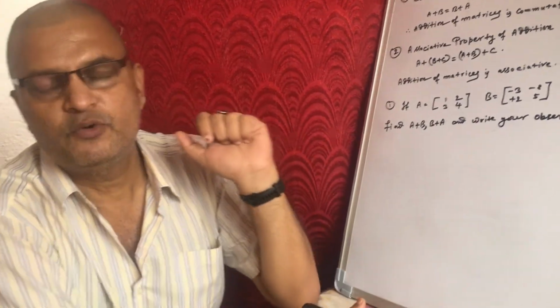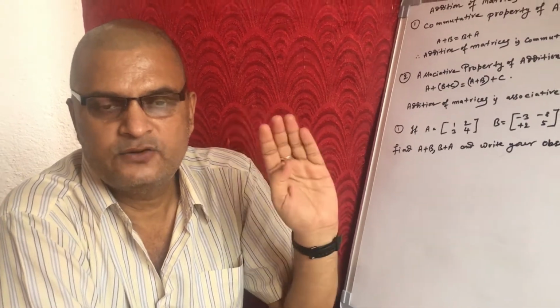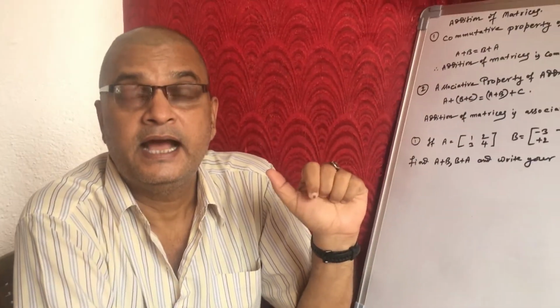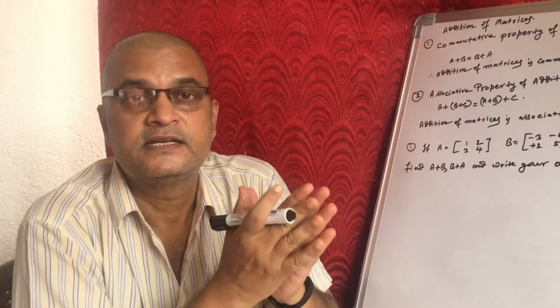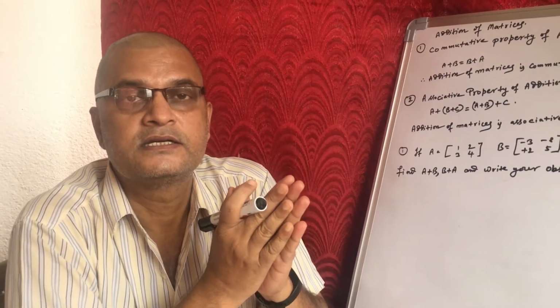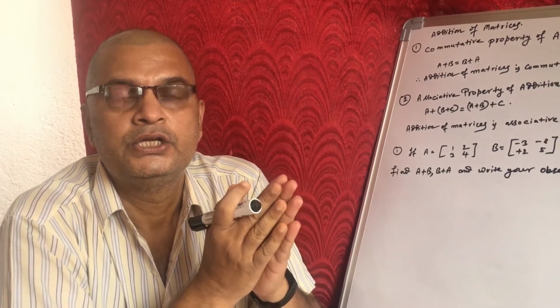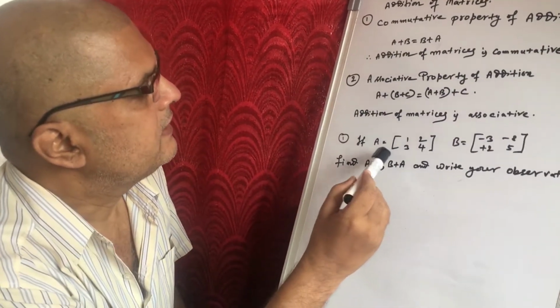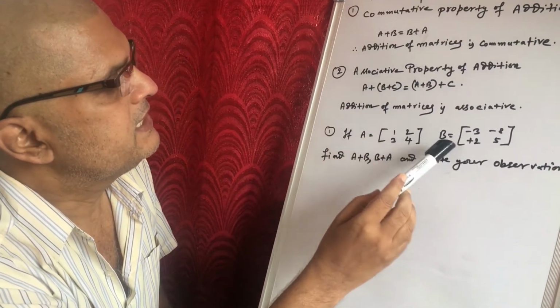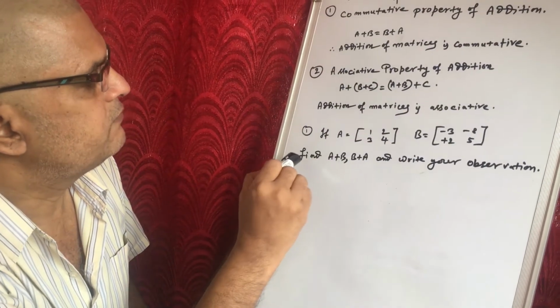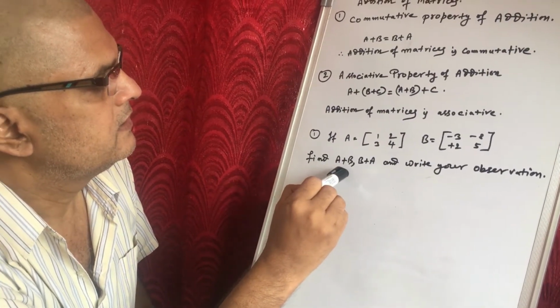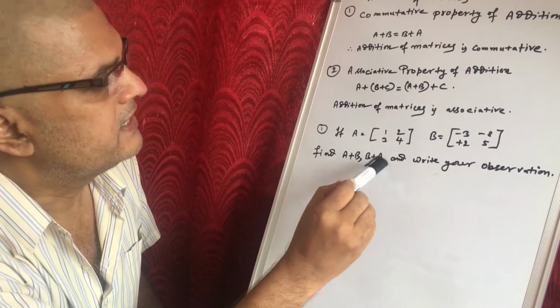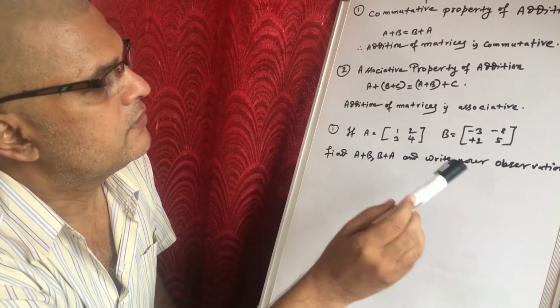Now with the help of one example, I am trying to make you understand how the two matrices are commutative. If A is a matrix and B is another matrix, then I have to find A plus B and B plus A and write your observation.